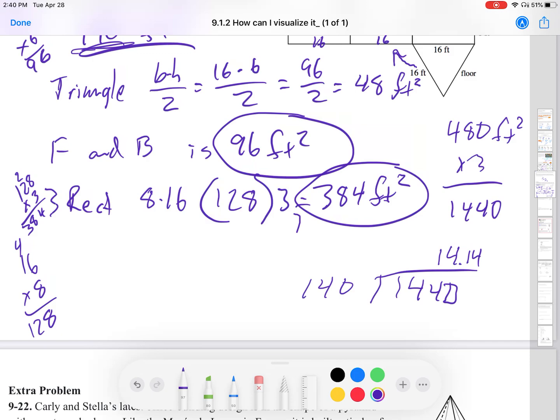Something doesn't seem right, and I don't know what's going on here. 1440 divided by 3. I'm going to stick with my original values here. I don't know why they do it 12 times.